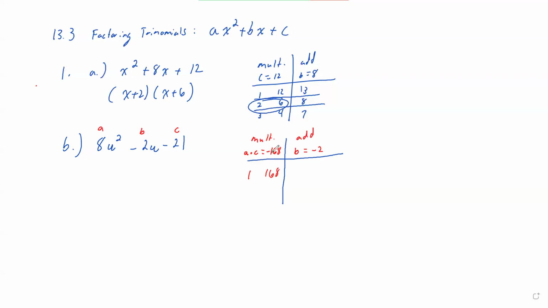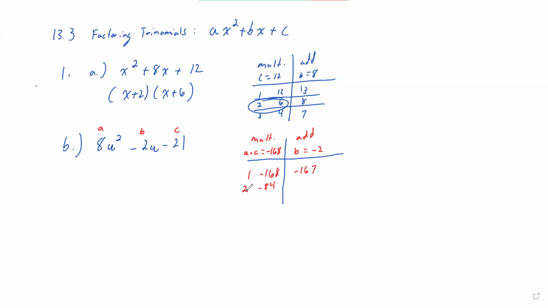I want to multiply to a negative, add to a negative, so that tells me that the bigger number is negative. But 1 minus 168 gives me negative 167. Now, in your calculator, do 168 divided by 2. And that gives you your next factor.